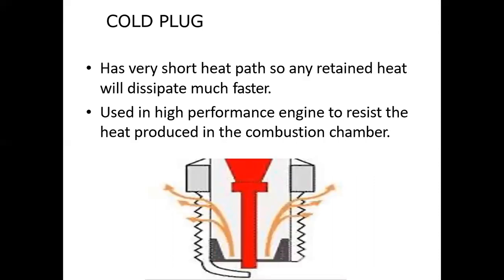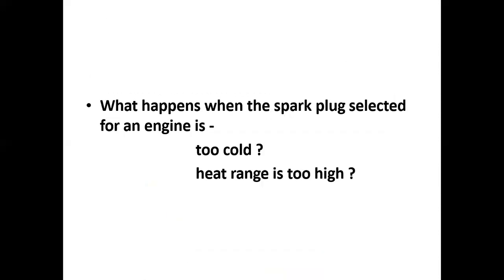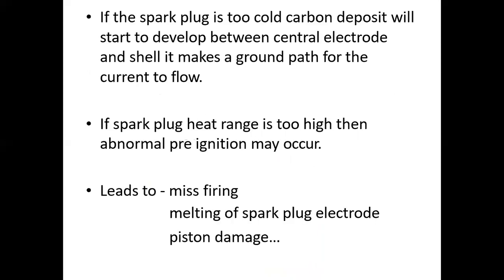Cold plugs have a very short heat path, so any retained heat will dissipate much faster. They are used in high performance engines to resist the high heat produced in the combustion chamber. So what happens when the spark plug selected for the engine is too cold or the heat range is too high?